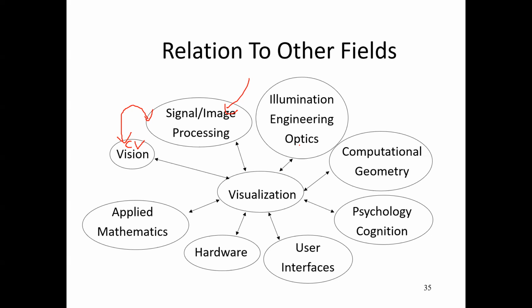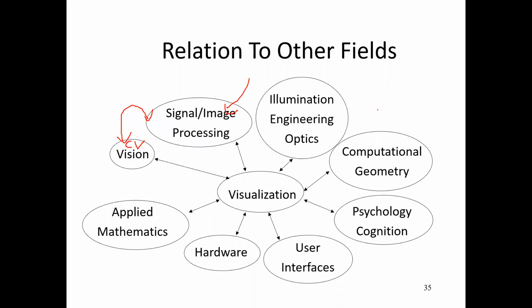The lenses are there and mapping is there, and correct focusing is there, and those are under optics. And if you're capturing an image, again optics are there, right? So the light is guided through a bunch of optical apparatus, so optics is there. And illumination engineering is another one, right?